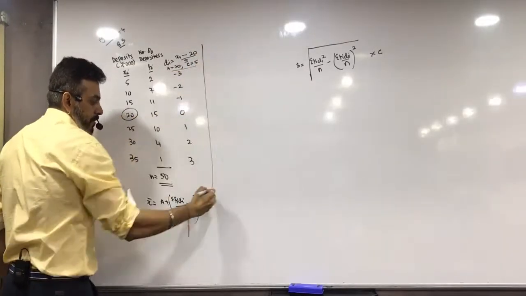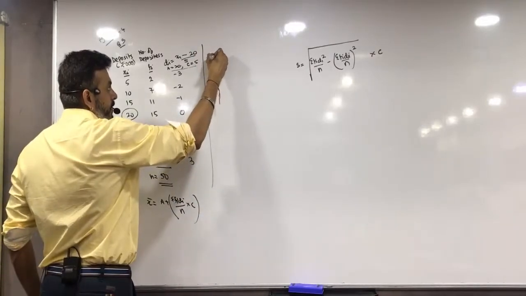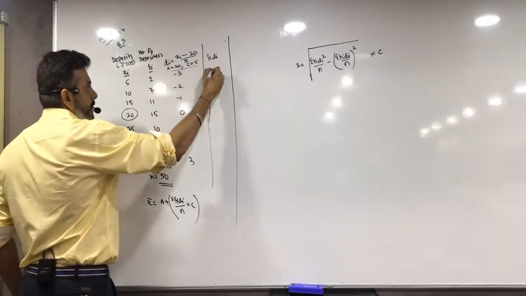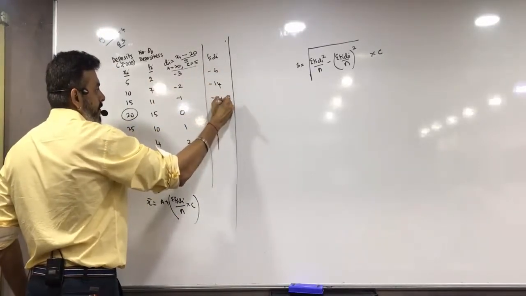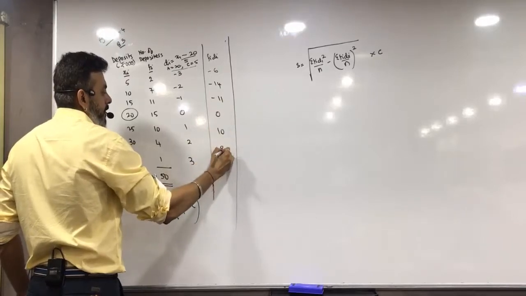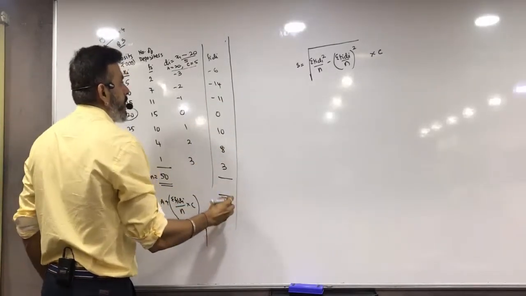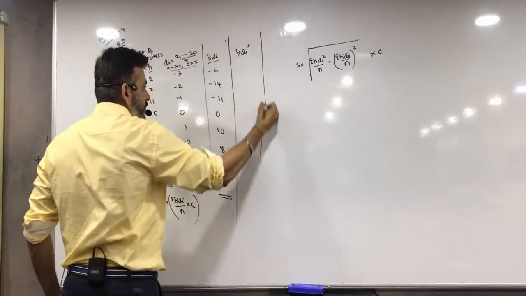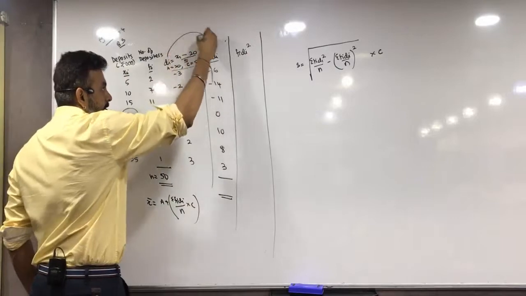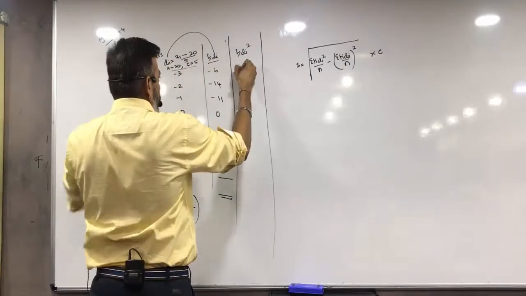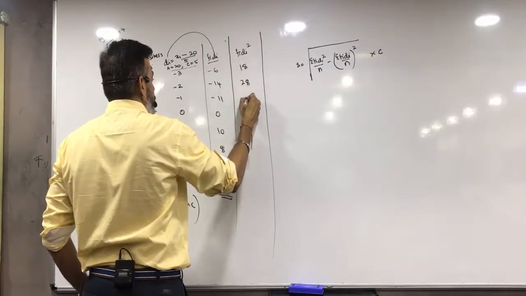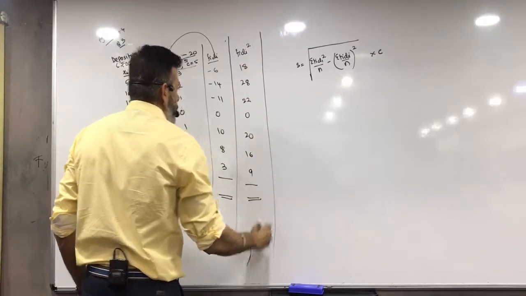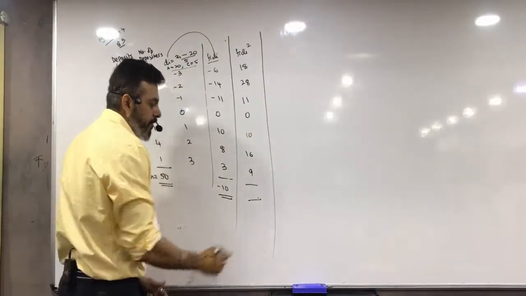Next, what do I want? Fi di: minus 6, minus 14, minus 11, 0, 10, 8 and 3. And then fi di square. Fi di square is fi di into di: 18, 28, 11, 0, 10, 16, 9, total 92.